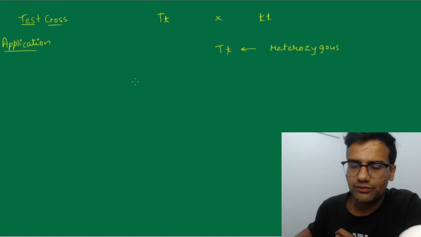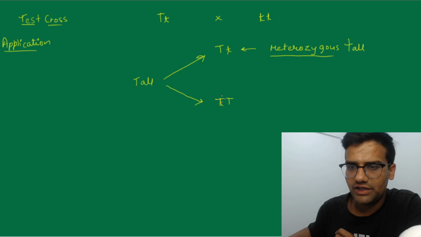The other genotype of a tall plant could be homozygous tall, capital T capital T. So this plant is homozygous tall.